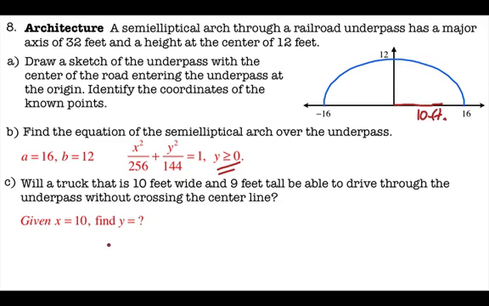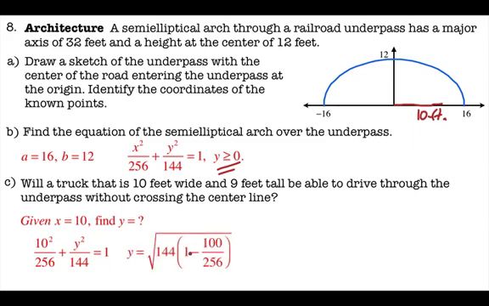So once I do that, I substitute x equals 10 in here. I'm going to do a little bit of algebra. I get y is equal to this. At this point, I simplify a little bit further. I end up with the following. And then at this point, I end up with 351 over 4, and then I need to take the square root of that. Once I do that, I end up with 9.37.